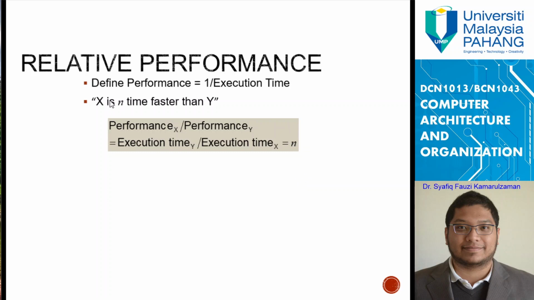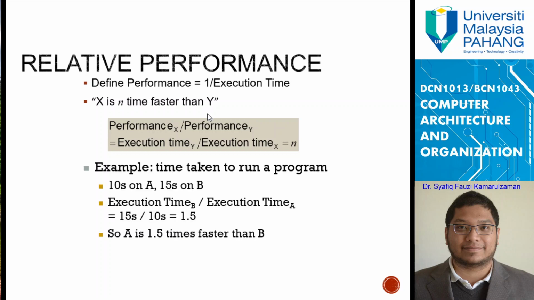So this n is how many times faster X is than Y. An example: it takes 10 seconds on A and 15 seconds on B. The execution time of B, 15 seconds, divided by the execution time of A, 10 seconds, equals 1.5. So A is 1.5 times faster than B.